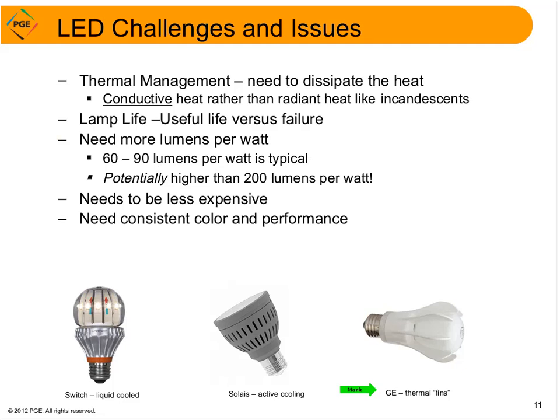Also, for demanding applications especially, we need better consistent color and better performance. Existing dimmers can be a problem for some LEDs, so that is something that's being worked on.